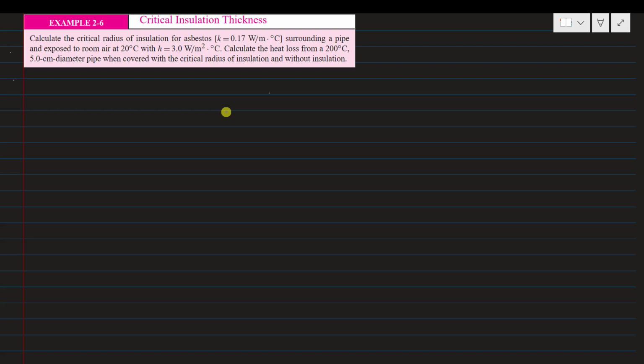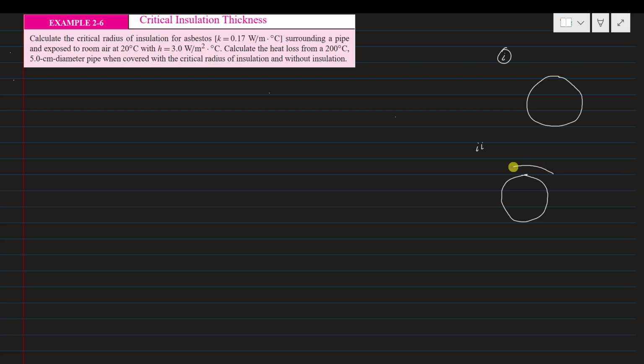In the first case, when there is no insulation, it is a bare pipe, so this is case 1. In the second case, there is insulation provided over the pipe.